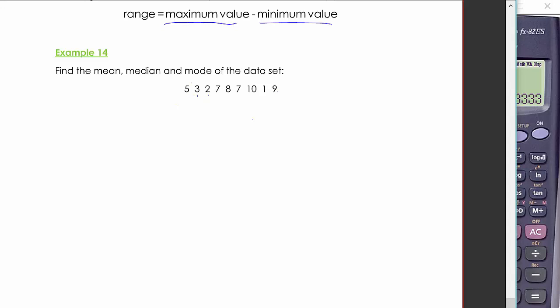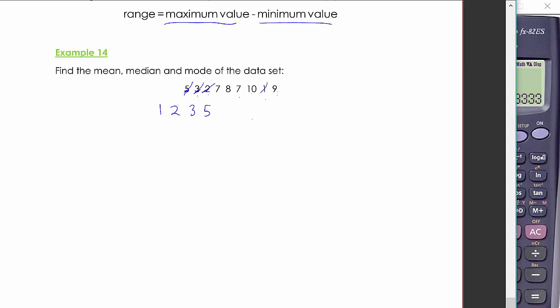So what we want to do is find the mean, median and mode for the data set given here. And we've got 1, 2, 3, 4, 5, 6, 7, 8, 9 pieces of data. And the smallest one of those is a 1. I'm going to put them in order even though I don't need the order for all of these measures. It just makes sense to do it. We've got a 2. And then we've got a 3. So that's 3 of our data values. We don't have a 4, but we've got a 5.